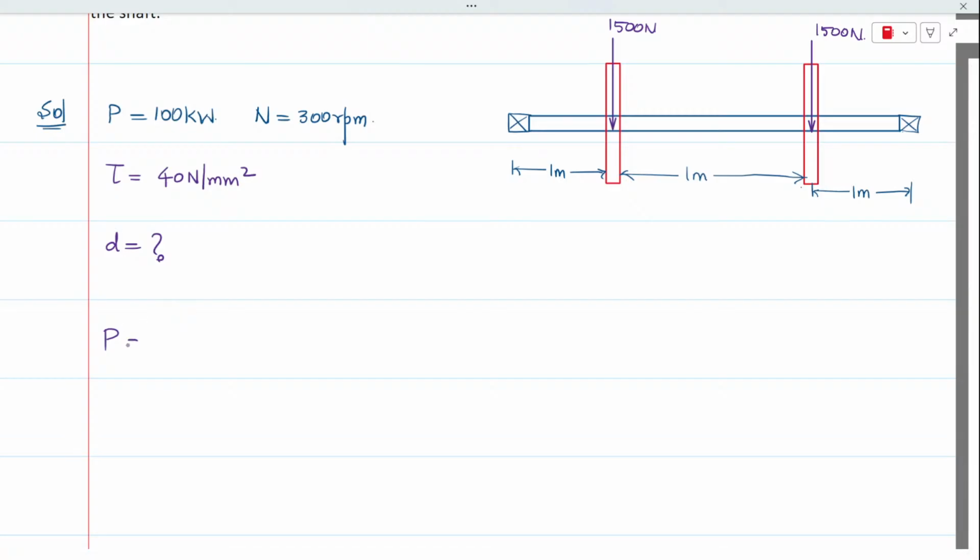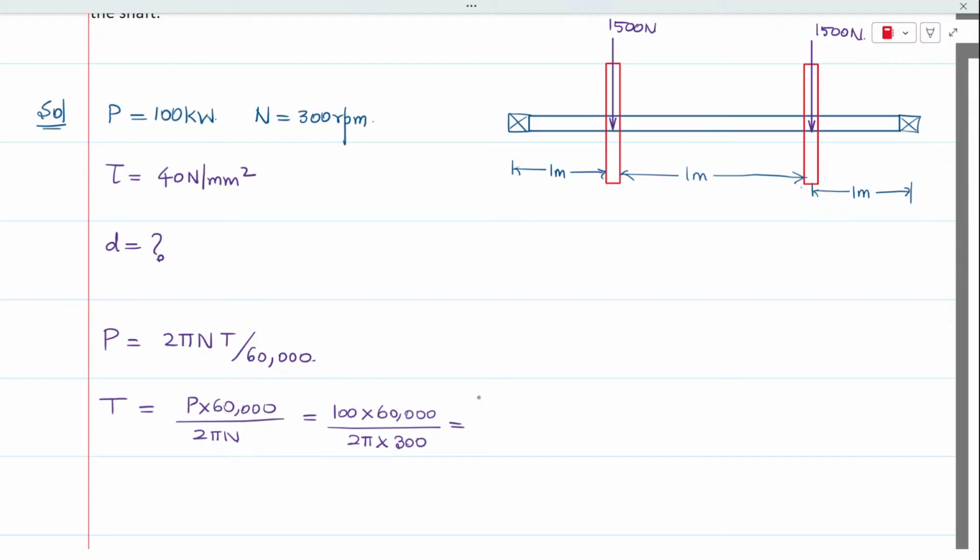Power is equal to 2 pi into n into T divided by 60,000. So T is equal to P into 60,000 divided by 2 pi n. Power is 100 kilowatt, so 100 into 60,000 divided by 2 pi into 300.